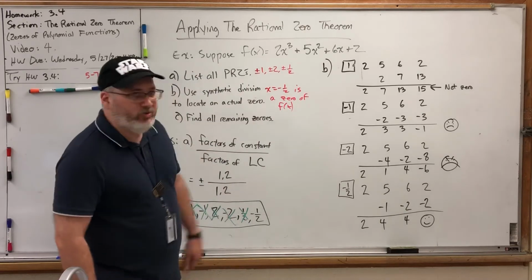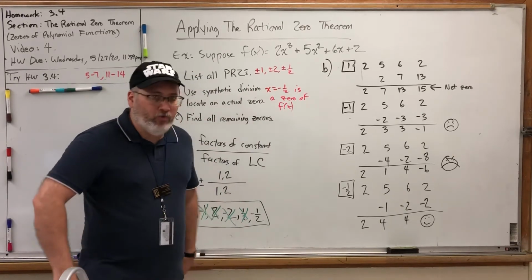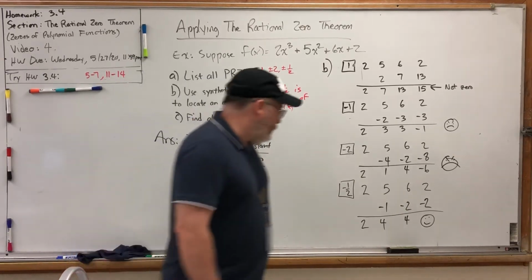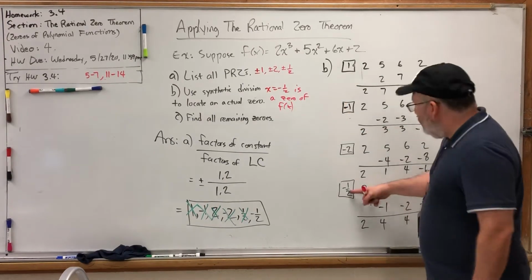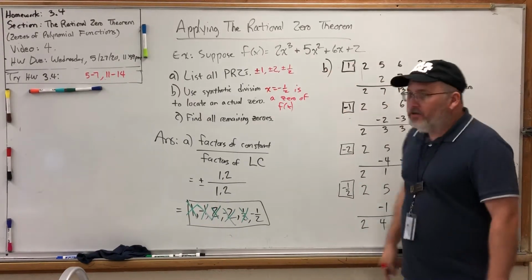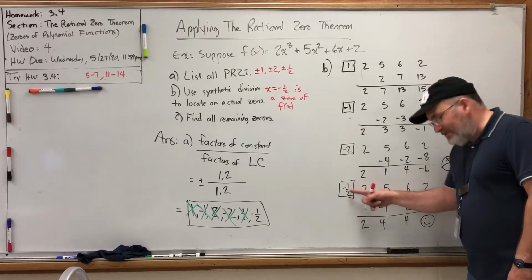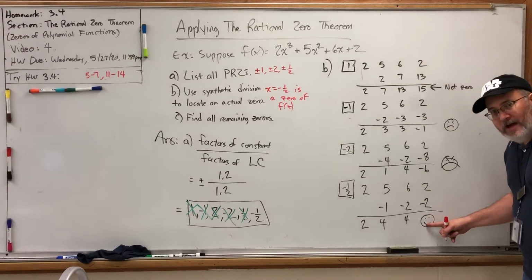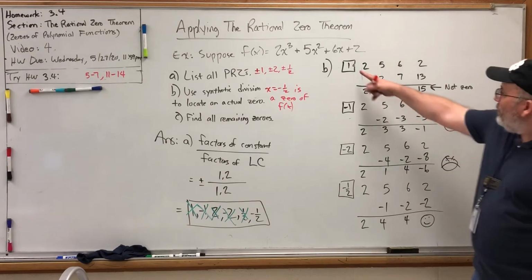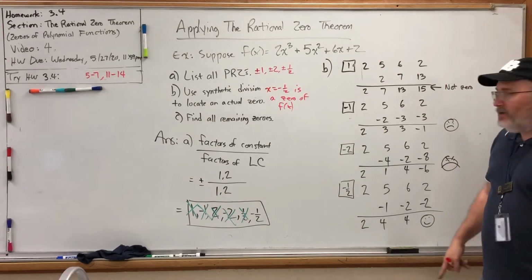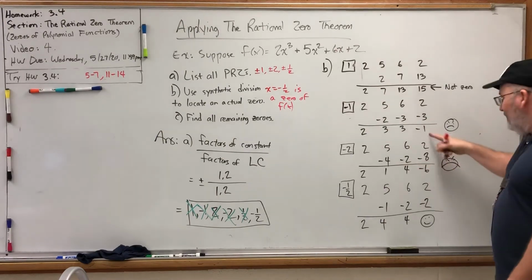Don't believe me? Substitute it. Oh wait, we don't have to. Remember the remainder theorem? The remainder theorem says if you want to put a number into a function to get the value, alternatively, you can put it into the box and the remainder is the value. So for example, if we put 1 into that function, we get 15. If we put -1 in, we get -1.